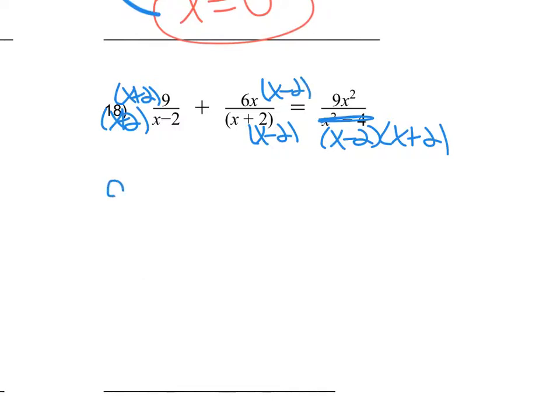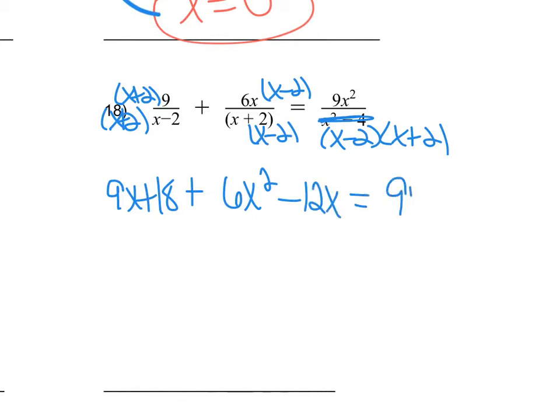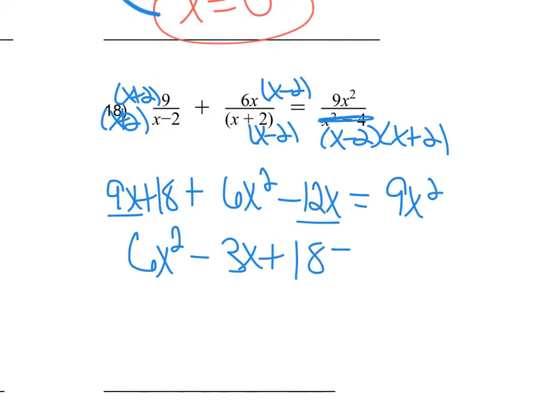So I end up at 9x plus 18 plus 6x squared minus 12x equals 9x squared. Combining our like terms over here, I get 6x squared minus 3x plus 18 equals 9x squared.